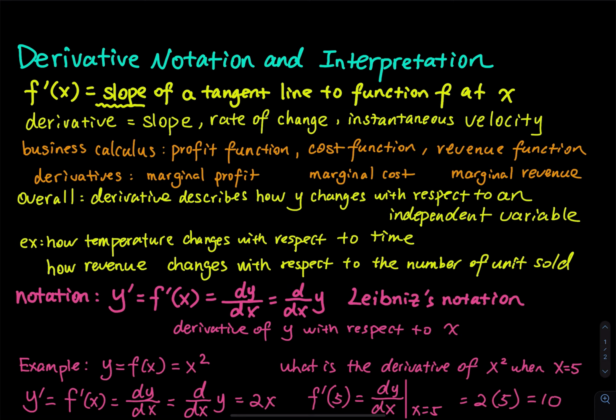So overall, the derivative describes how y changes with respect to an independent variable, or you can say the derivative describes how things change. Usually we call that independent variable x. So let me give you a couple of examples. Number one, how temperature changes with respect to time.